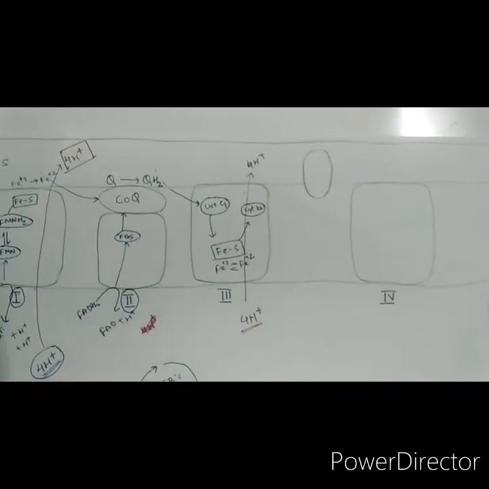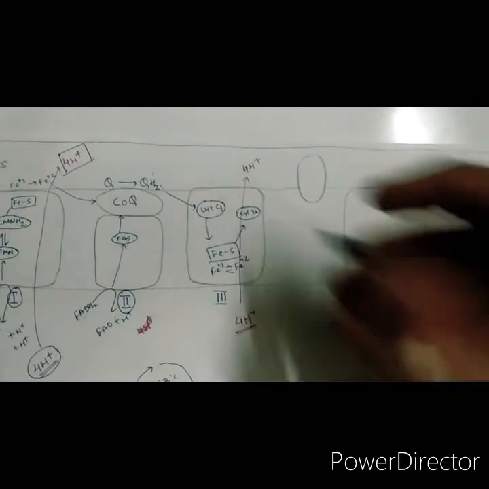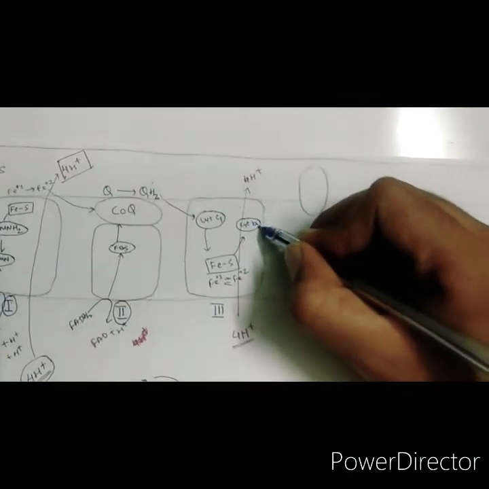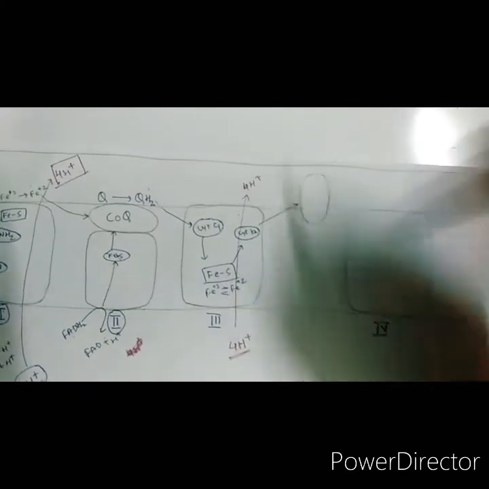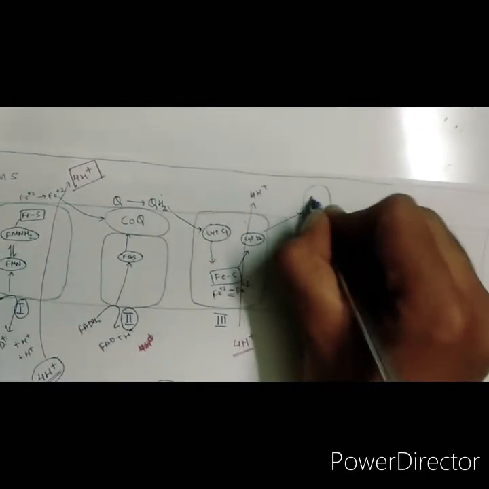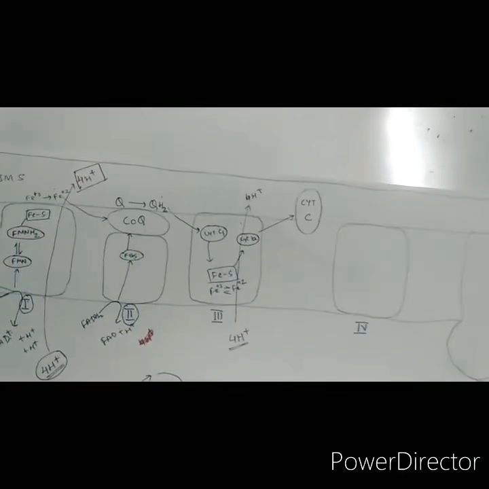Now the electrons captured by cytochrome B in the third complex are donated to cytochrome C.